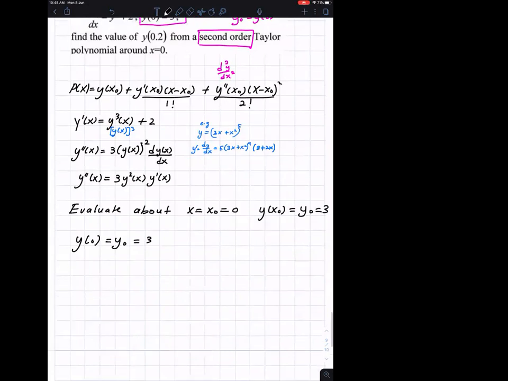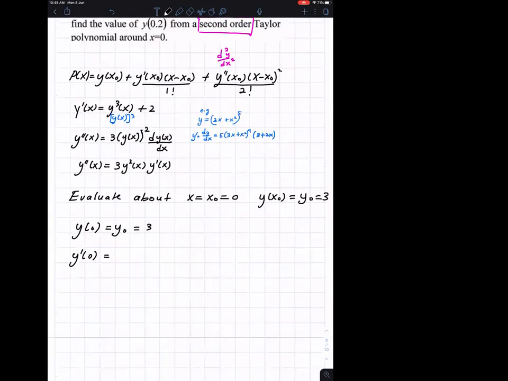And then first derivative y prime 0 is 3 cubed plus 2. So substitute inside the first derivative. You can write it like this: y prime is y cubed plus 2.